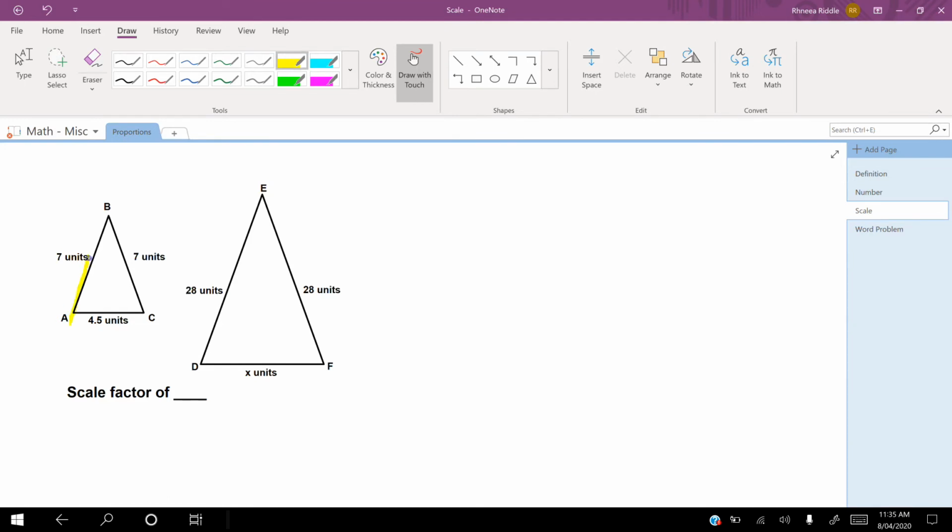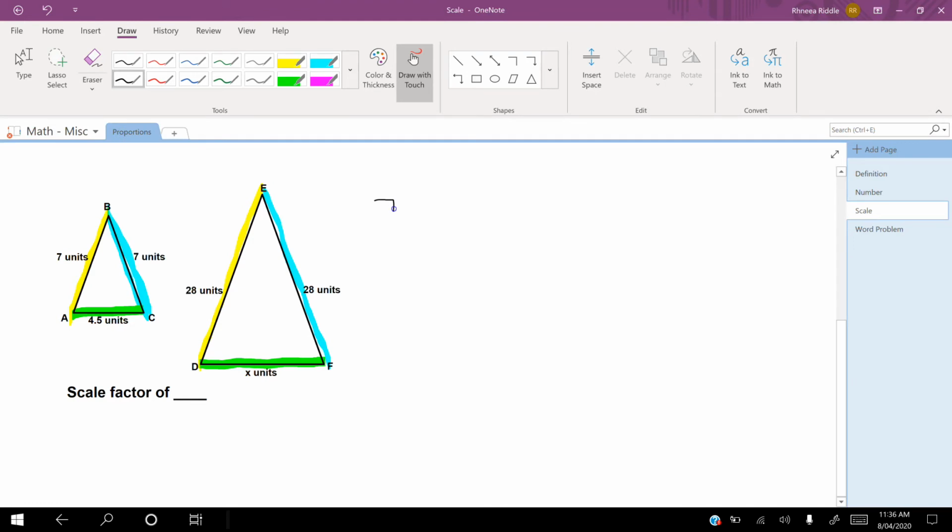So we know that AB is proportionally equal to DE, BC is proportionally equal to EF, and AC is proportionally equal to DF. So when we find the scale factor, we need to look at the equivalent proportional sides.